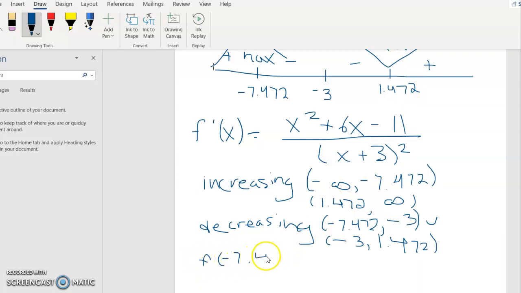So we need to plug that back into the original.